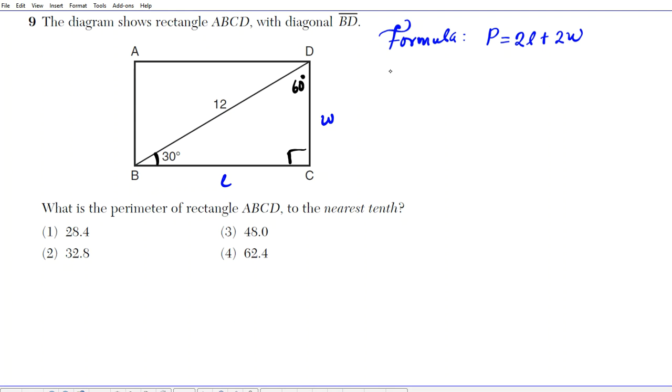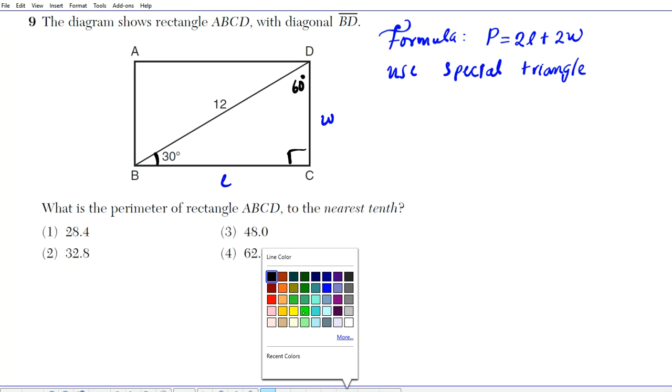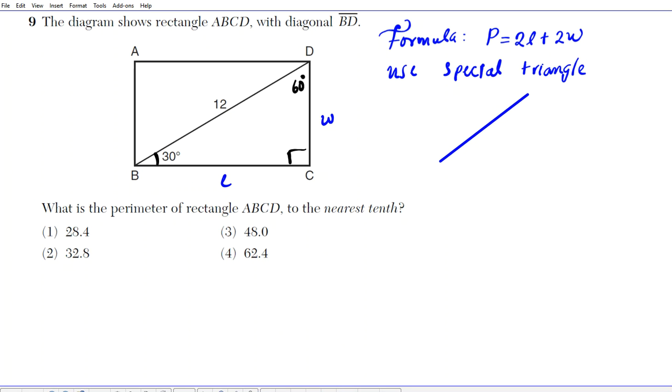So we're going to use one of the special triangles, the 30, 60, 90 special triangle. Let's take a look at what that looks like. So let's say we have the following scenario: a special triangle where the angles are 30, 60, and 90.